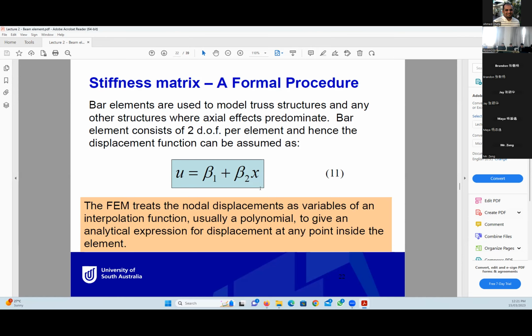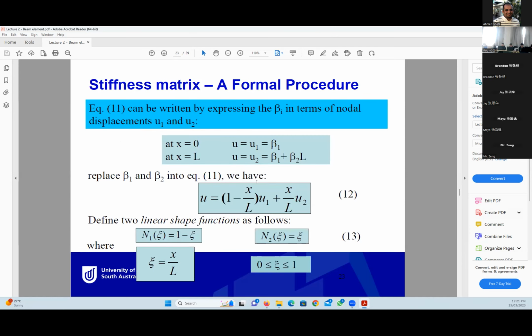So this method uses interpolation to get the displacement at any point. This is the general equation we will use to get the stiffness matrix, and we call it the displacement function. To find the values beta 1 and beta 2, we are using this expression.